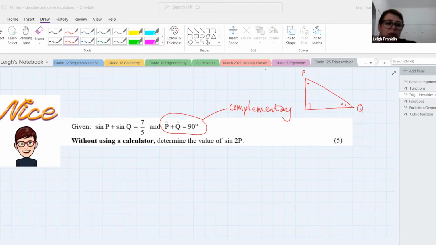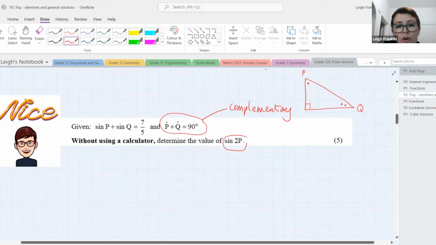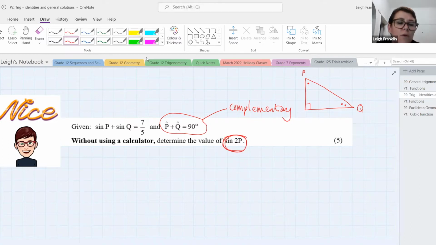Now they give us sine P plus sine Q equals 7/5. Clearly that is some kind of equation that they want us to try and manipulate. They want us to find an answer that is in terms of P. So we needed to think about how we could rewrite this in a different way.